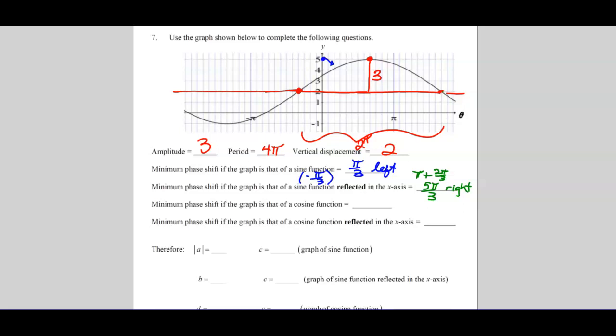So that is easy to see what's closest, because the one on the left is way over here. So we want to go over to this one because it's going down and to the right. And so 1, 2, 3, 4, 5, 6, 7, 8 grid lines out of 12 is 2 pi over 3 to the right.